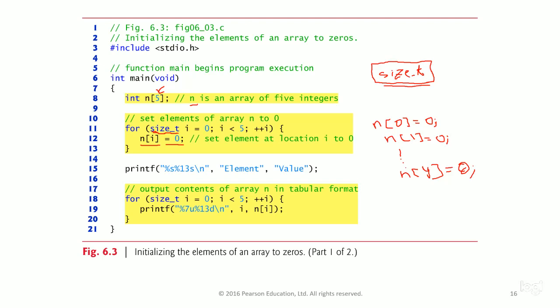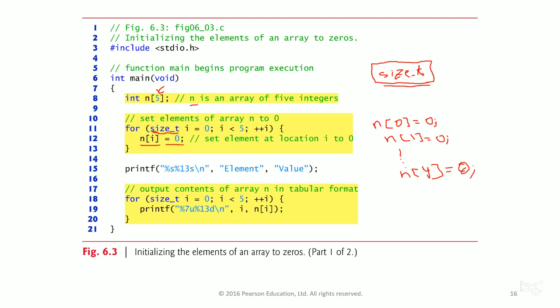In this case, it doesn't really matter, because we only have an array of size 5, but if we had an array of very large size, then size_t actually helps us with that. So this is what we're using.